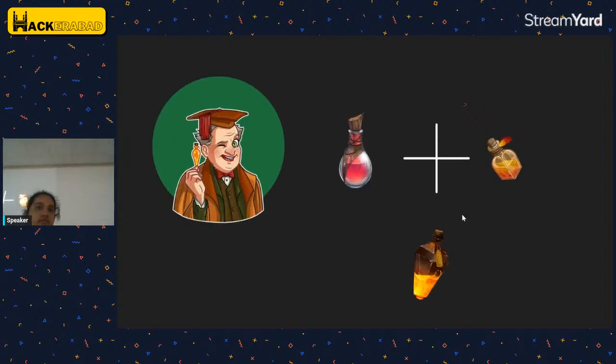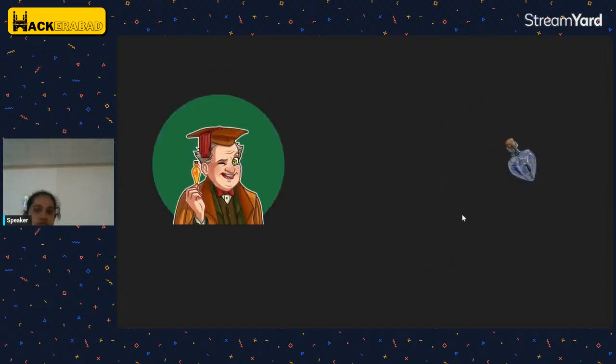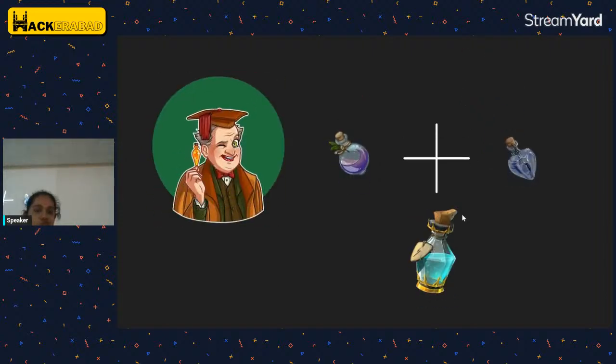So what did I do? I used my second generation potion and a first generation potion. I'm mixing randomly, there's no big logic here. A third generation potion came. Okay, it's okay, but it's not that good. I want to try a different combination. Only first generation calculation gave me a second generation potion.